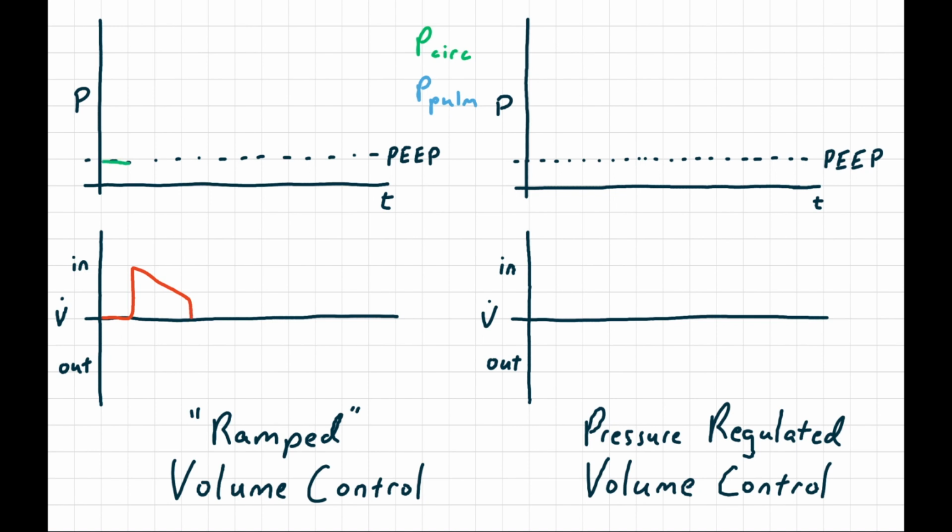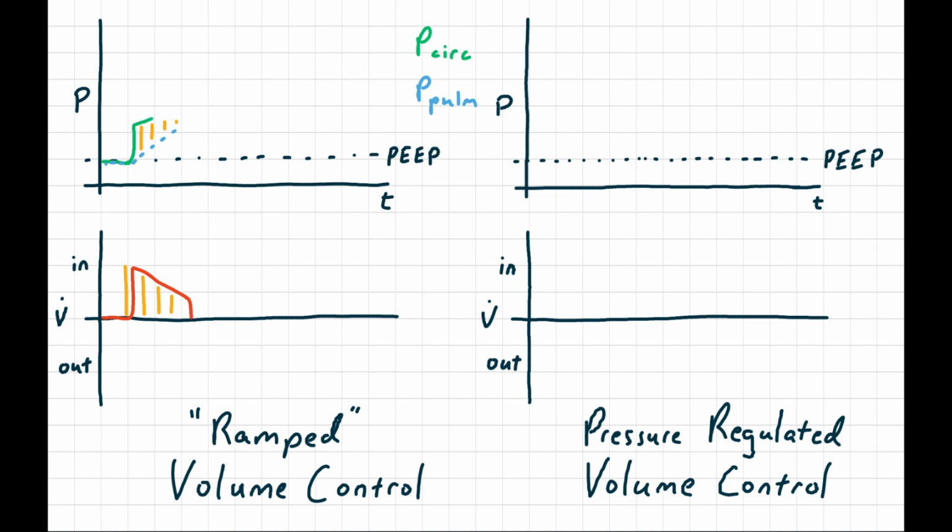Circuit pressure and pulmonary pressure begin at PEEP, just like they always do. To force this initial flow into the patient, the circuit pressure rises to some relatively larger amount higher than the pulmonary pressure. And as the pulmonary pressure rises, the programmed volume flow rate decreases, so the required delta between the circuit pressure and the pulmonary pressure also decreases.